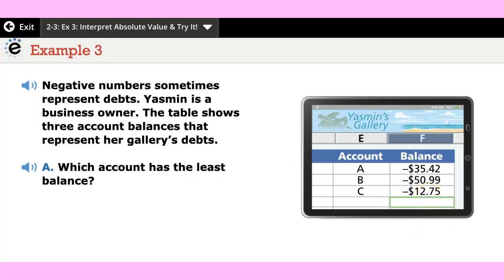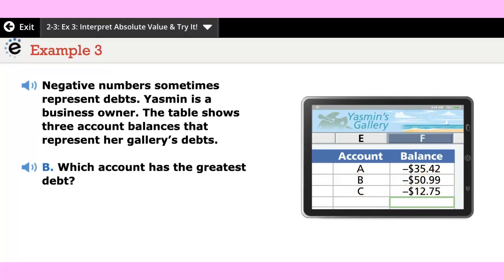Let's look at the next example. Negative numbers sometimes represent debts. Yasmin is a business owner, as we know. So which account has the greatest debt? Definitely account B, they owe more.